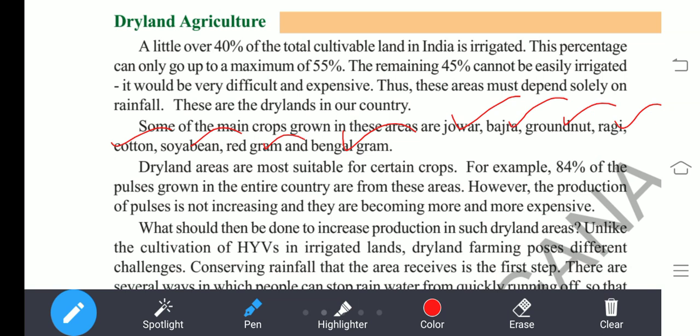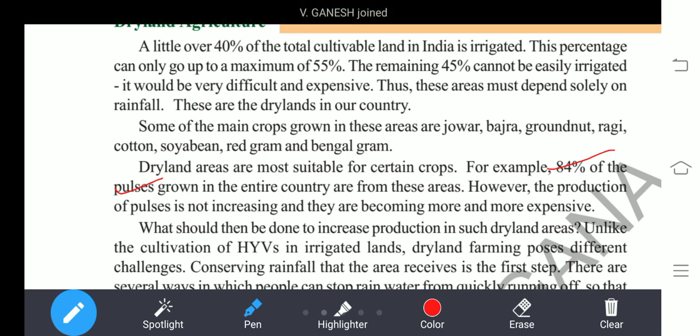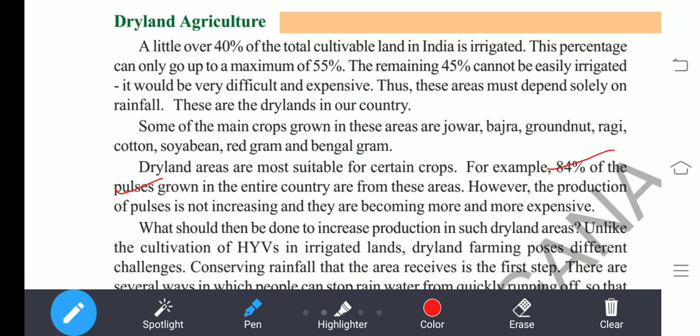In all these crops in our India, 84 percentage of the dry land is allotted for pulses cultivation. That means in overall dryland cultivation, pulses are grown in 84 percentage of that area.